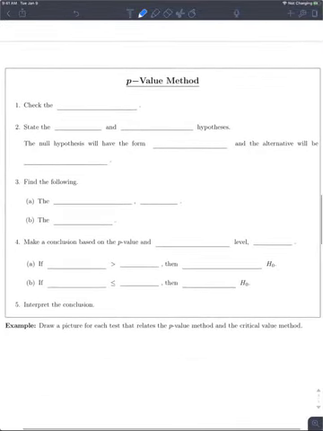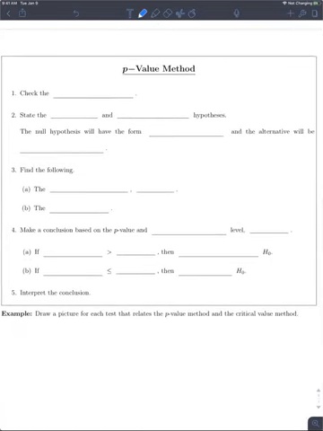Okay, so let's talk about the p-value method. Again, it's almost the same thing. You check the requirements first. You state your null and alternative hypotheses. I didn't realize I put this sentence in here twice.